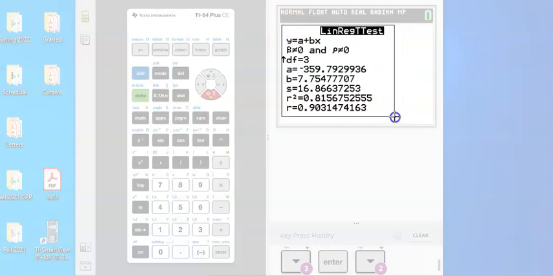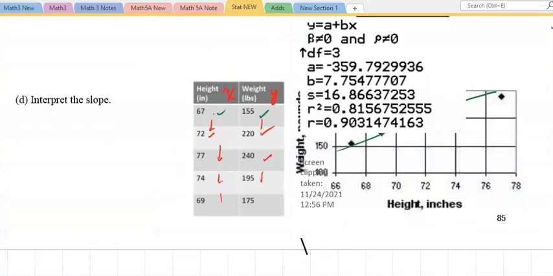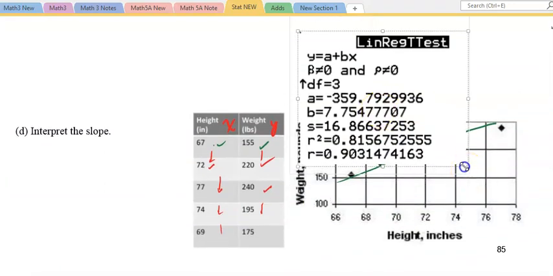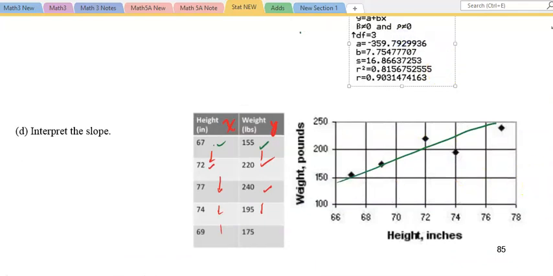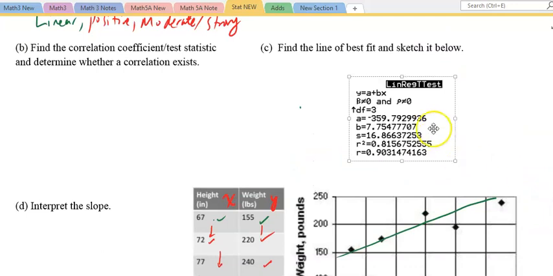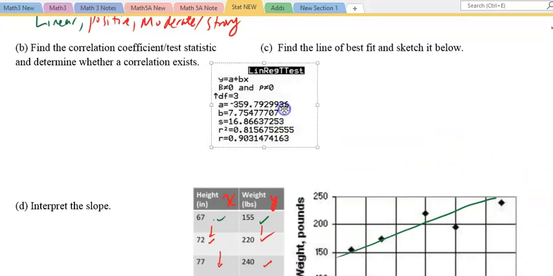So here we are. Let me shrink that a bit again. Let me put that right there. So what do we notice?